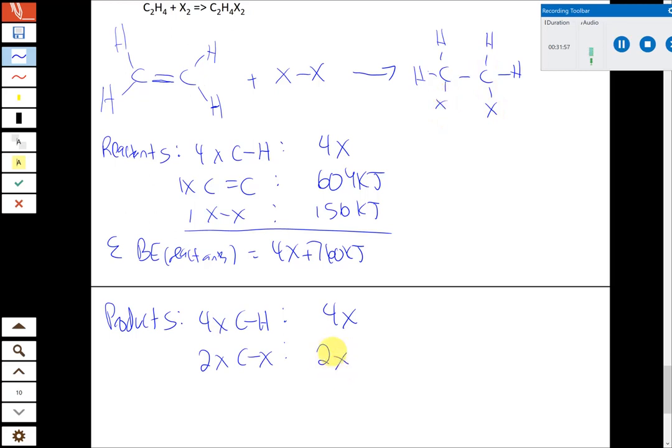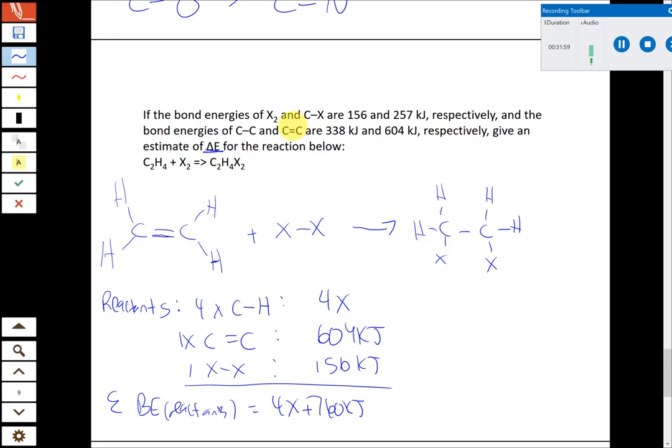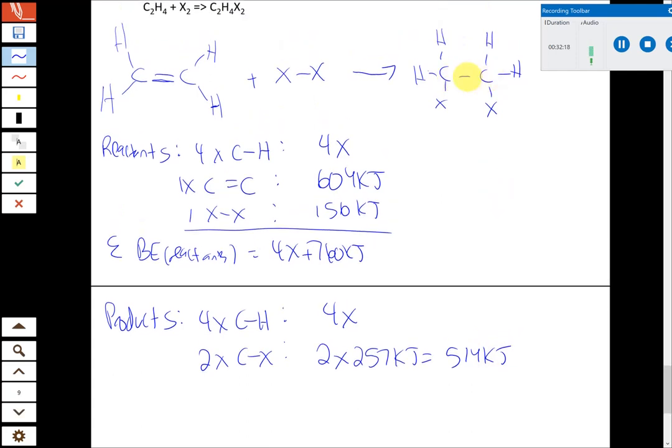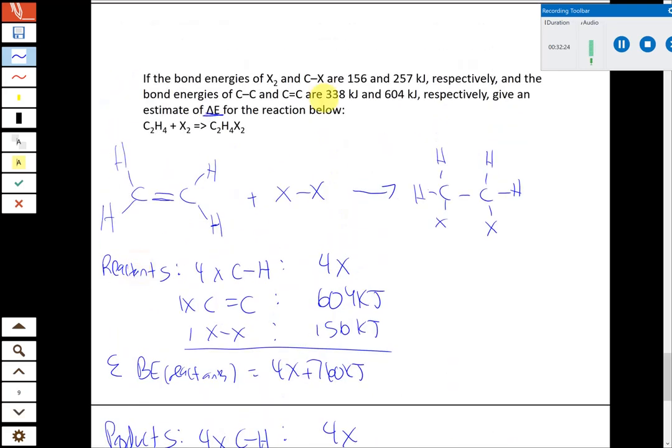So that's going to be 2 times, we said CX is 257, so 514 kilojoules. And then we also had, remember, our CC single bond. The carbon-carbon single bond energy is this one here, 338.